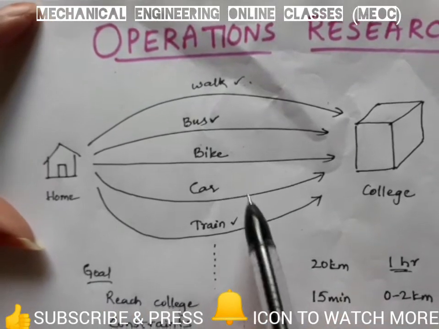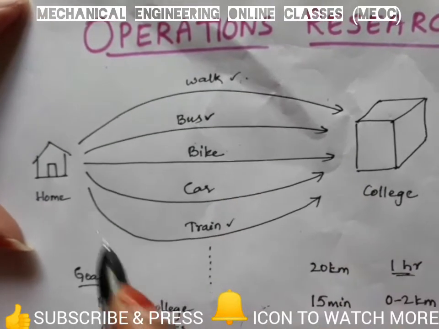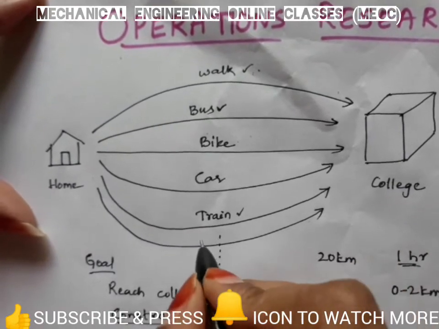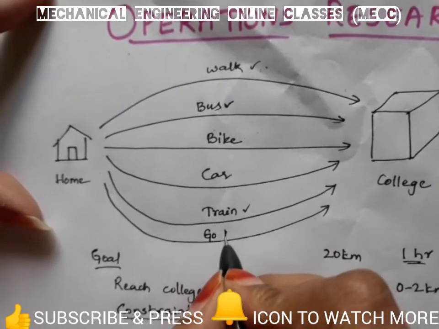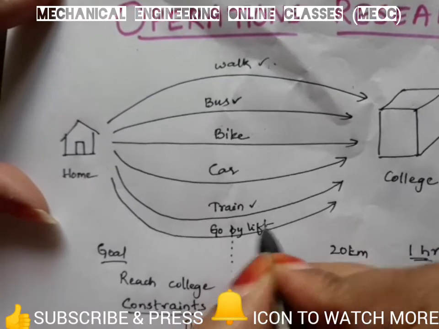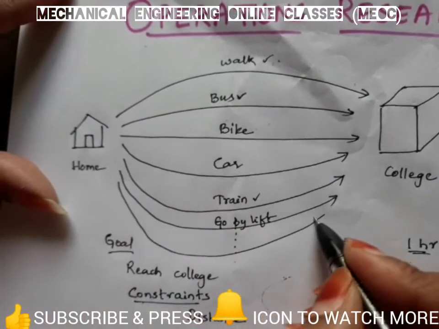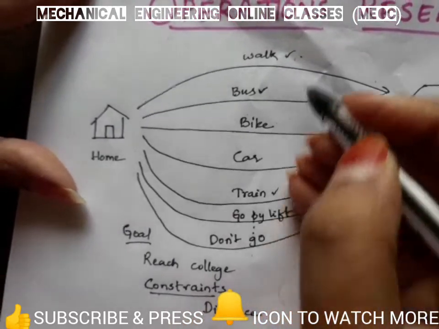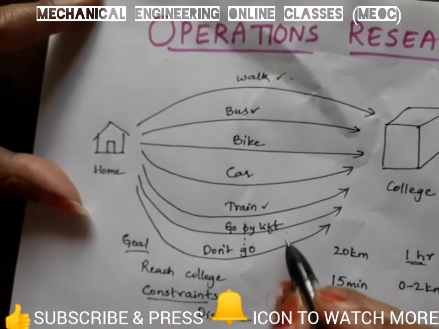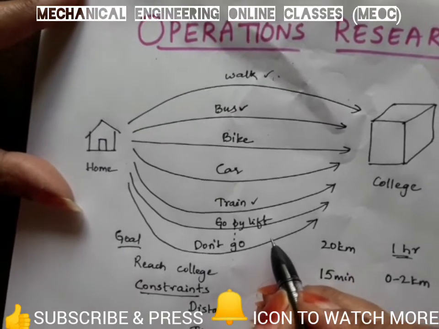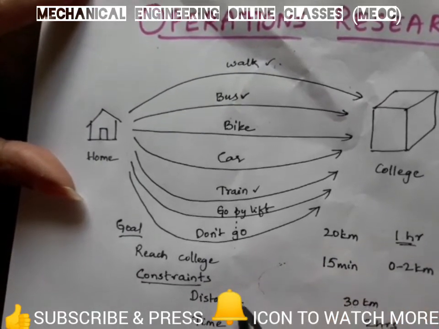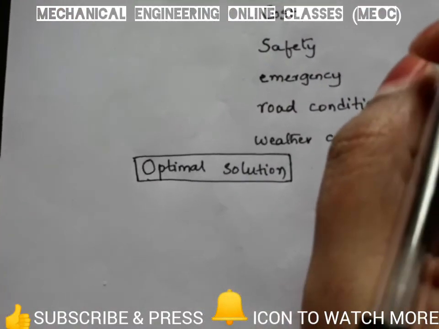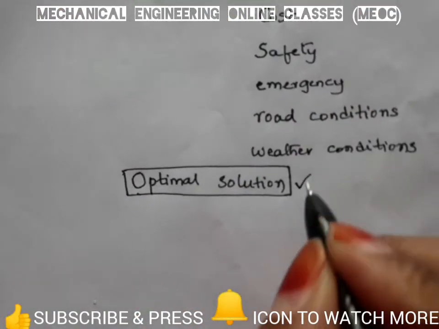For the given problem, there are so many solutions existing, and few more also can be listed out, like you want to go by lift, or the other option can be you don't go to college at all. Out of all these, whatever is the best, that is called the optimal solution. It has to satisfy all the constraints and it should be the best in order to reach the goal.